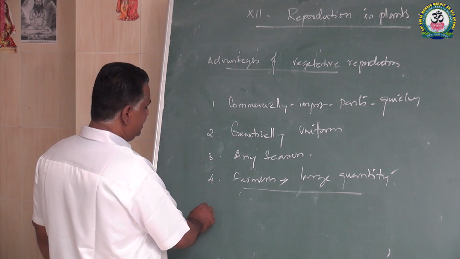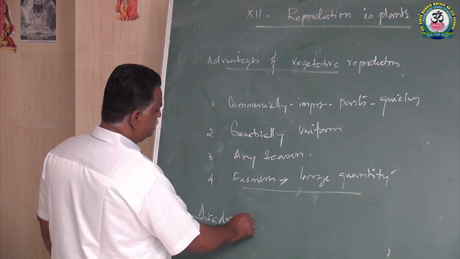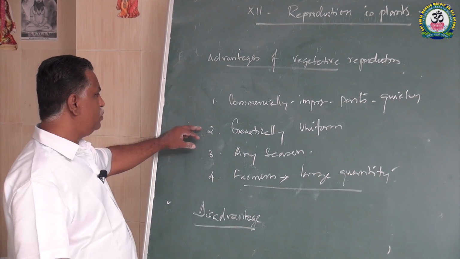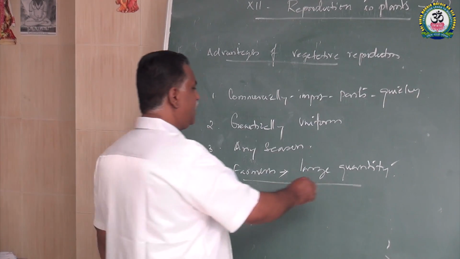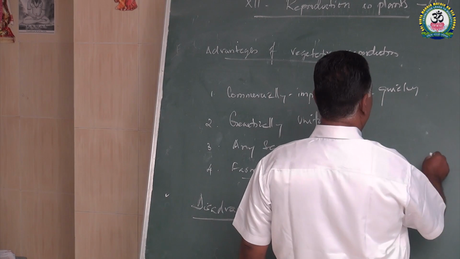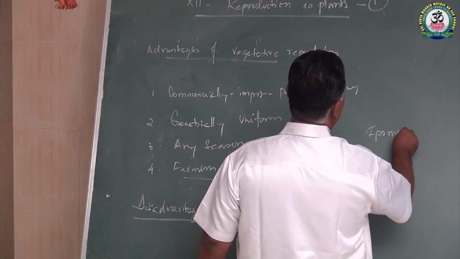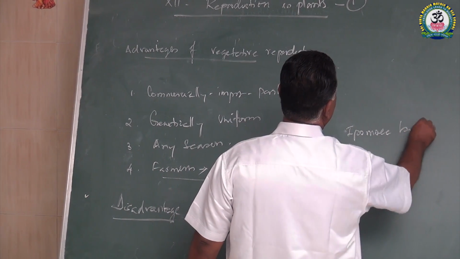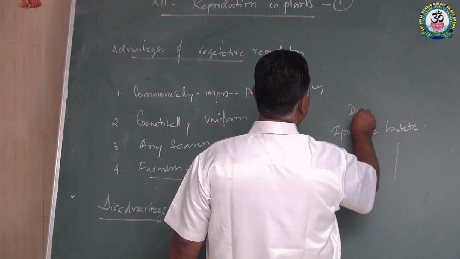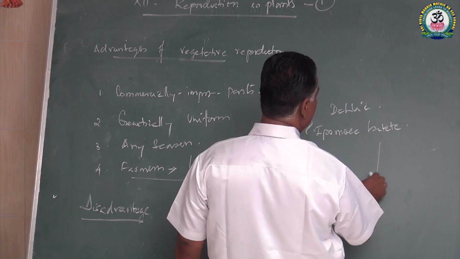And what are the disadvantages? When we talk about commercially important plants in large quantity, we should also remember the plant Ipomoea batatas, sweet potato, and also dahlia. These roots are storing roots.